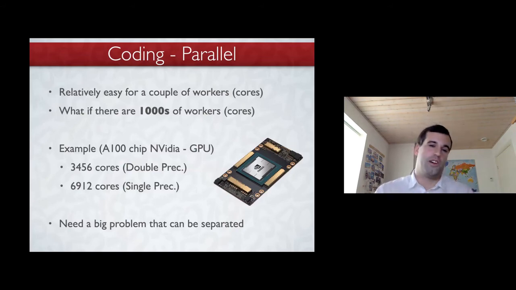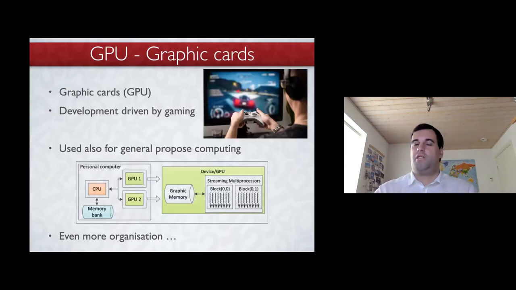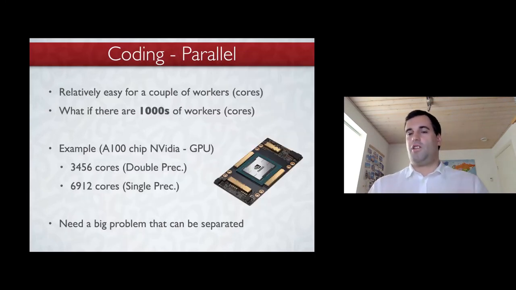For example, the more recent chips developed by NVIDIA have 3,000 cores in double precision and about 7,000 cores in single precision. So in this case, you need a very big problem that can be separated into much, much tinier problems. And you still have to organize these workers into smaller blocks in order to be feasible.